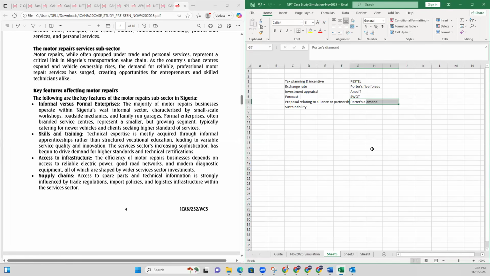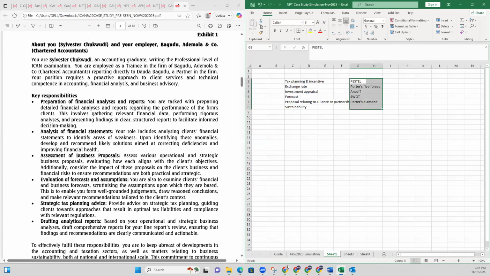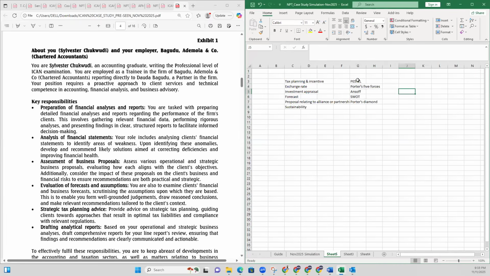So don't rule out Porter's Diamond, please. But like I said, going by your JD, the chance of having models like PESTEL and SWOT might really be slim. So what I would do is move those ones to the last, right?